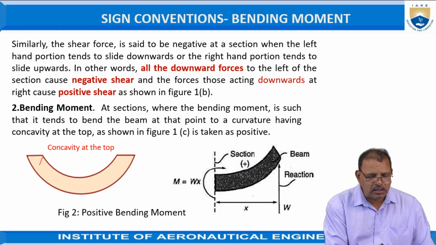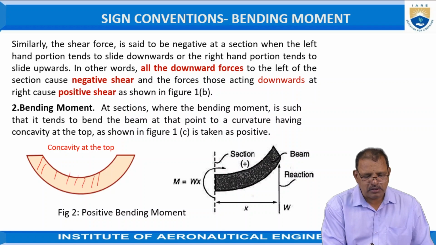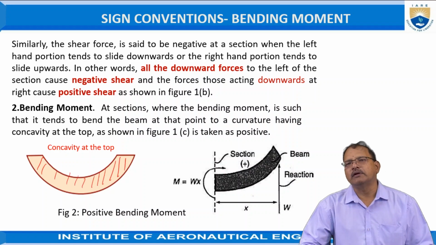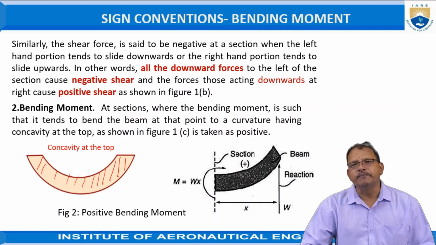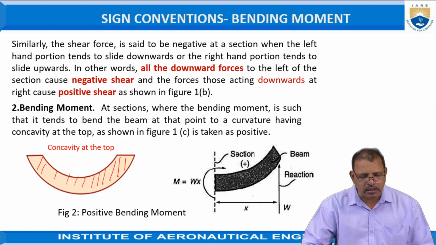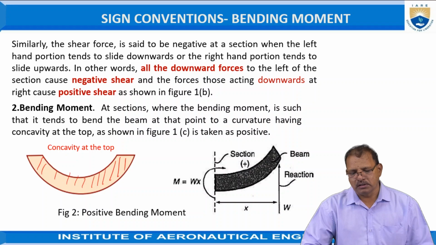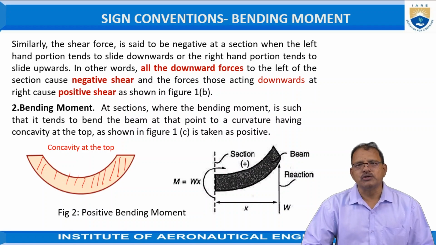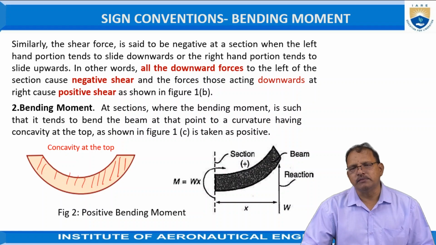This is known as concavity at the top. That is the effect of the bending moment. If it bends the beam in the form of concavity at the top, then that type of bending moment is treated as positive. That means it is in the form of a U shape.